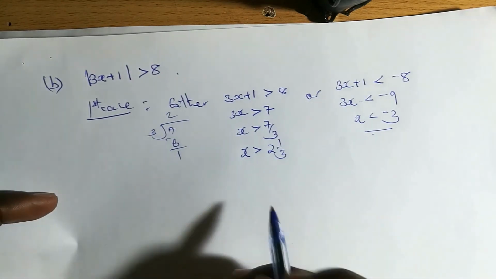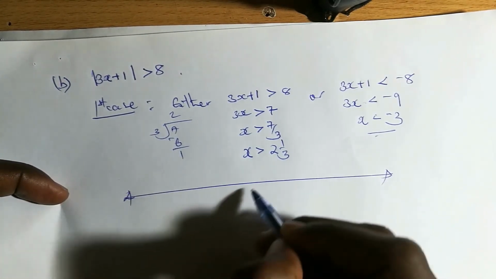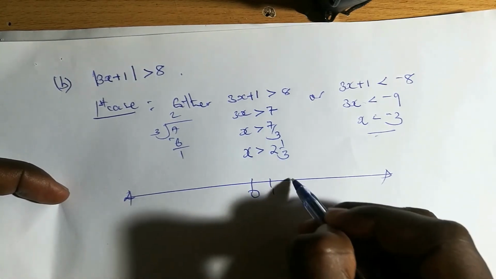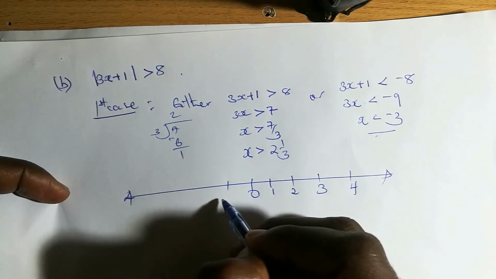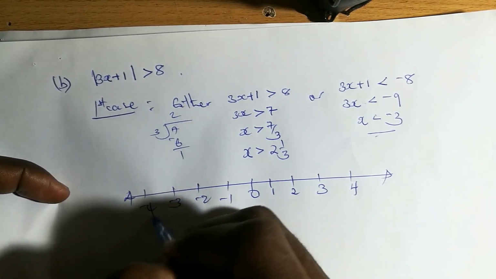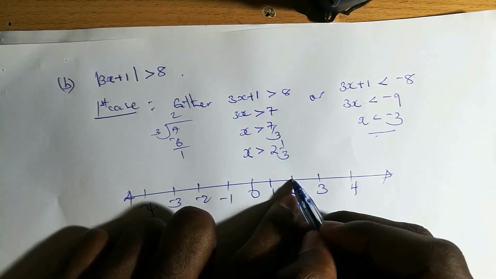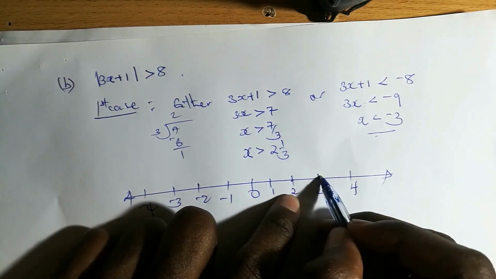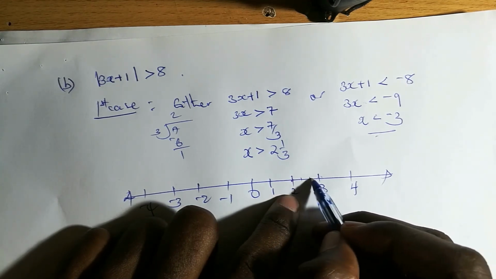Then plotting that on a number line: 0, 1, 2, 3, 4, negative 1, negative 2, negative 3, negative 4. Here 2 and 1 means we have 2 and 1 out of 3. That means between 2 and 3 we have 3 sections, 1, 2 and 3.